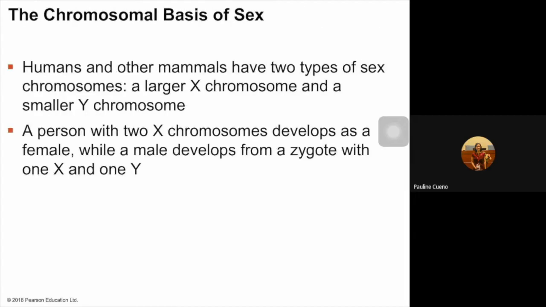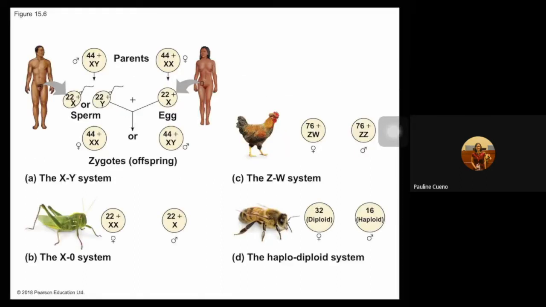Okay, and then what is the chromosomal basis of sex? For humans and other mammals, we have two types of sex chromosomes, a larger X chromosome and a smaller Y chromosome. Individuals who have two X chromosomes are considered biologically female, while a male develops from a zygote with one X and one Y. This is just to show you that different organisms have different types of sex chromosomes.